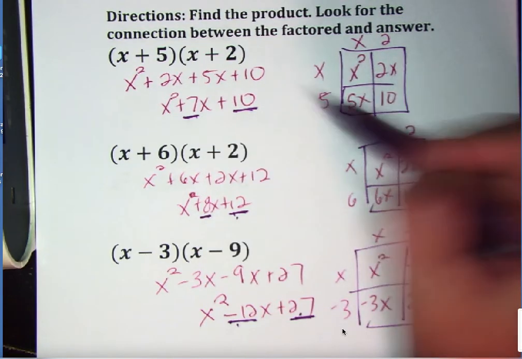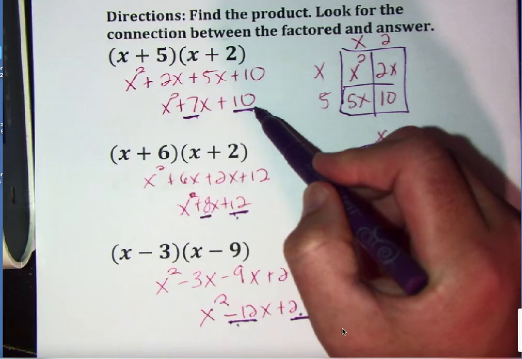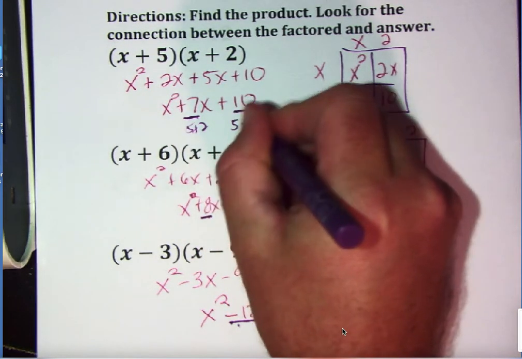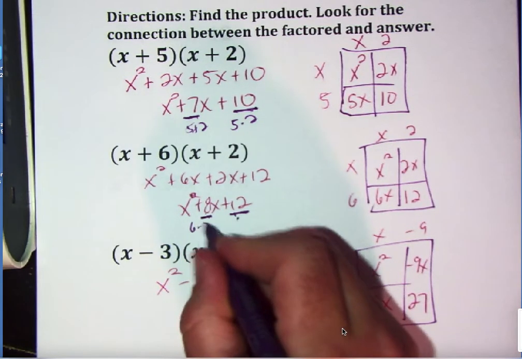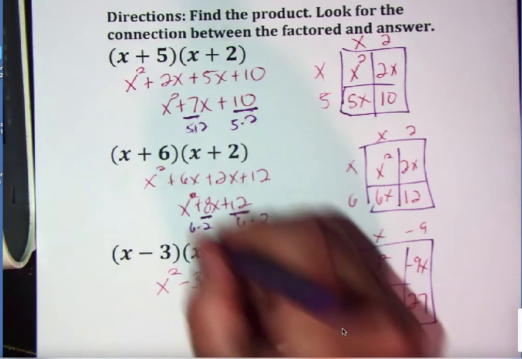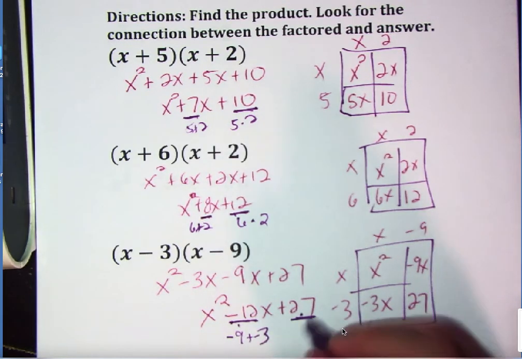Well, we did 5x plus 2x. Right, 5 and 2 made this. What about this one? 5 times 2. Oh, 5 plus 2, 5 times 2. How about this 8? 6 plus 2. How about this 12? 6 times 2. Oh. I wonder if it works down here. Negative 9 plus negative 3. Oh.